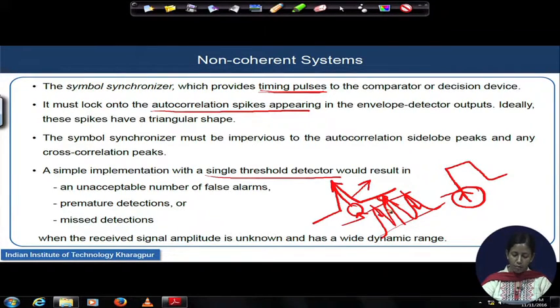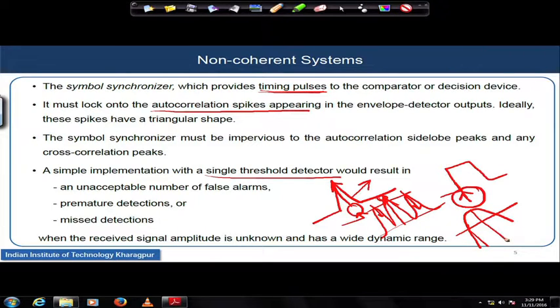If the curve is not very sharp and the main lobe has some slope like this, and this is the level of your single-level detection threshold, then once the threshold is crossed, the synchronizer will tell that there is a lock, whereas it is a wrong detection, because your peak is actually T 0 apart from this initial one. Sometimes it may give you an unacceptable number of false alarms, premature detection, or it may also give you misdetection to some extent.